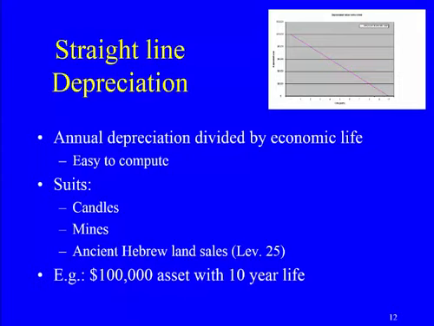And so this is simply a matter of the annual depreciation divided by the economic life, and it's very easy to compute. Straight line depreciation suits things like mines and candles, as we've already noted. It also suits the valuation of land in the ancient Hebrew tradition of the Jubilee. However, it's some years since we've valued land this way.